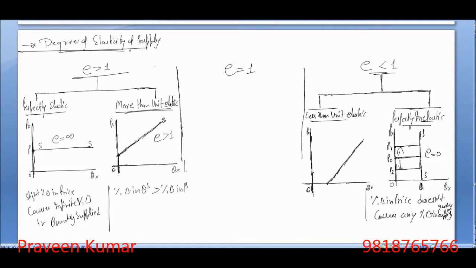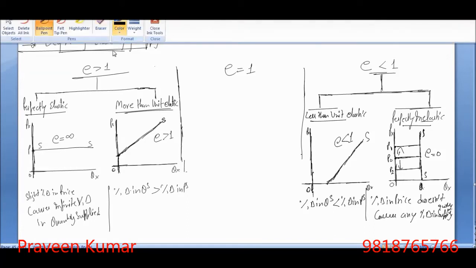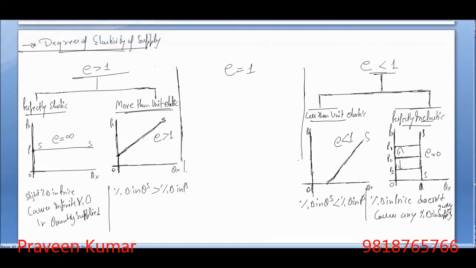If the supply curve originates from the horizontal axis, the elasticity of supply is less than 1. You can write something like this: percentage change in quantity supplied is less than percentage change in price at which the quantity is being supplied. Well, these are the different categories.